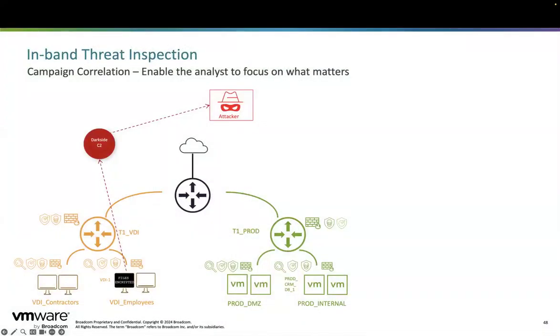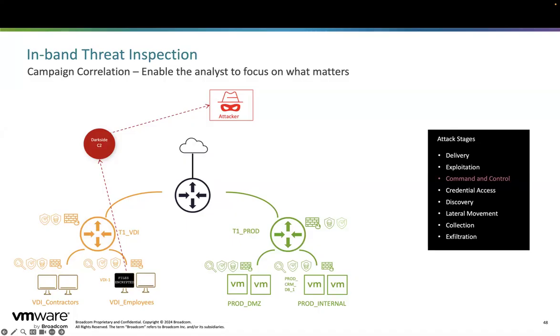So our in-band threat inspection, our campaign correlation, as we round out this module, enable the analyst to focus on what matters most. So attackers get in, there's command and control traffic, there's lateral movement, more command and control traffic, there's exfiltration, right?